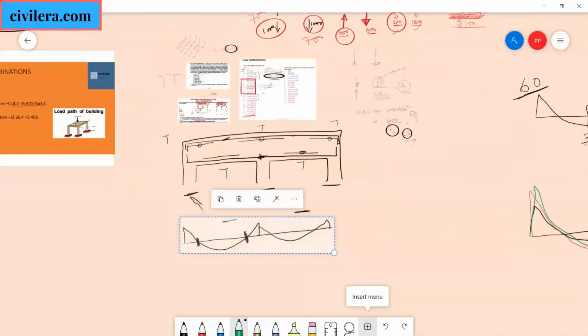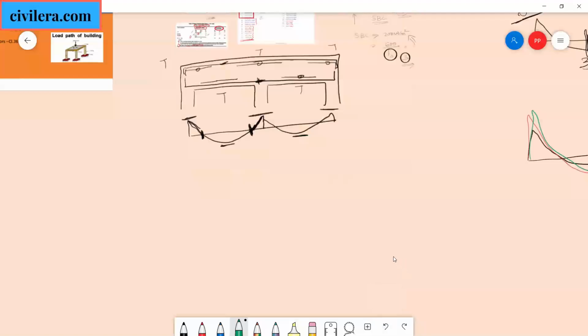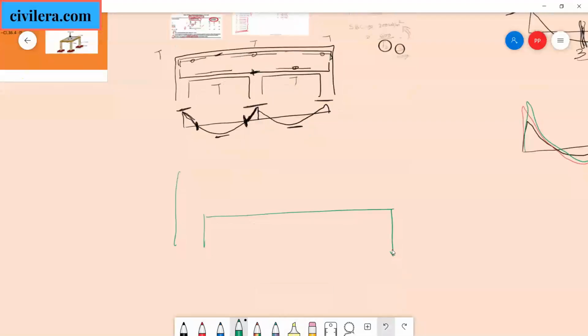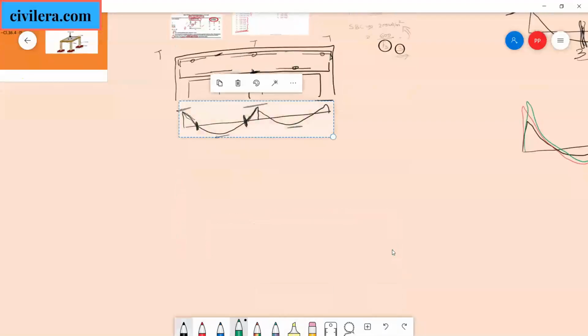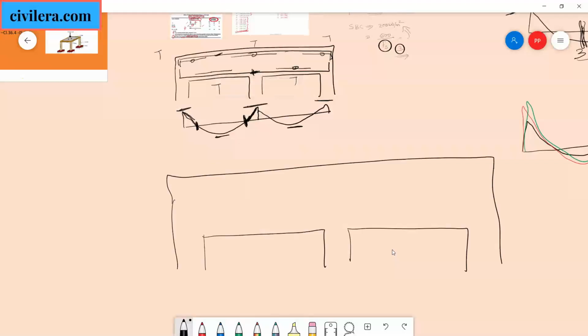But now you can see that your requirement is not that. As per that diagram, what you might need is something like this and an extra bar here, here, here.